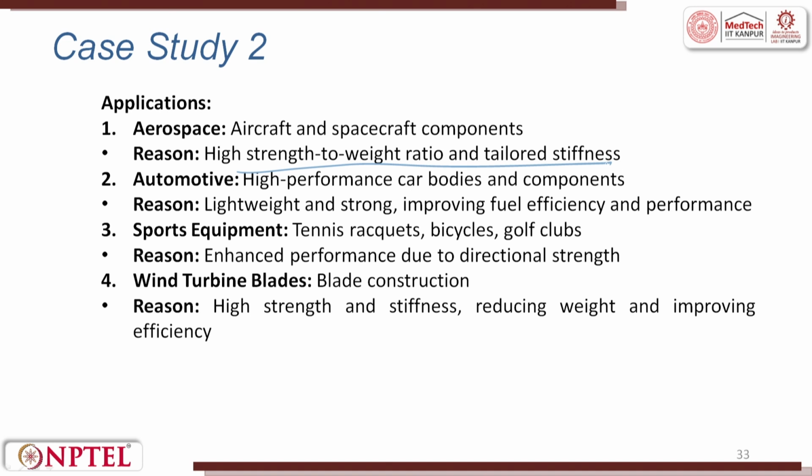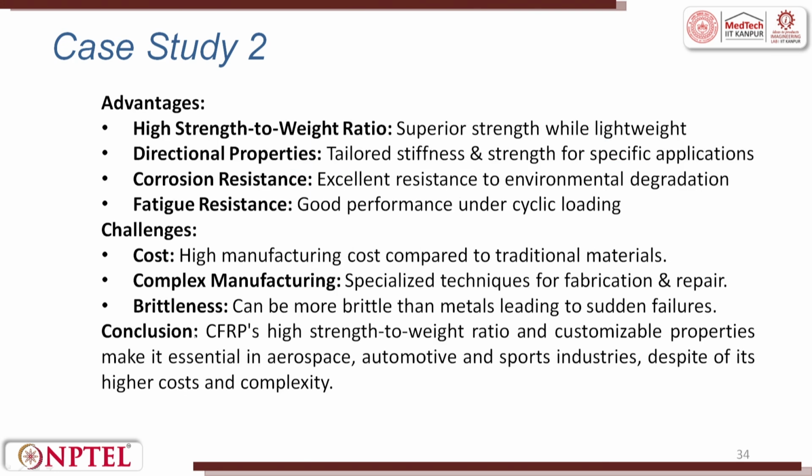Sports equipment: tennis racket, bicycle, golf clubs, with enhanced performance due to their directional strength. Wind turbine blade: the blade construction, high strength and stiffness, reduced weight and improved efficiency along the direction. So, the advantages are high strength to weight ratio, directional properties, corrosion resistance and fatigue resistance.